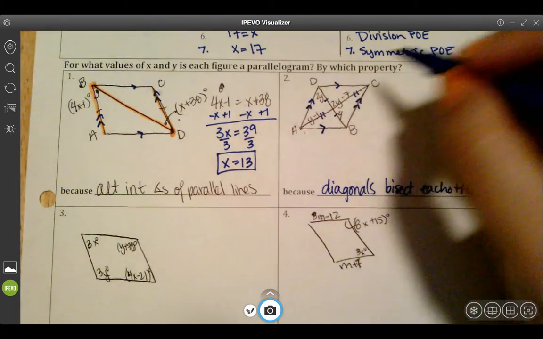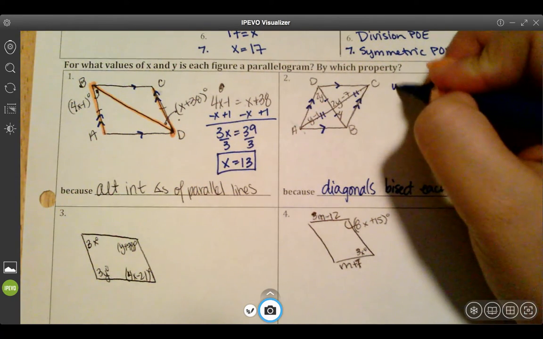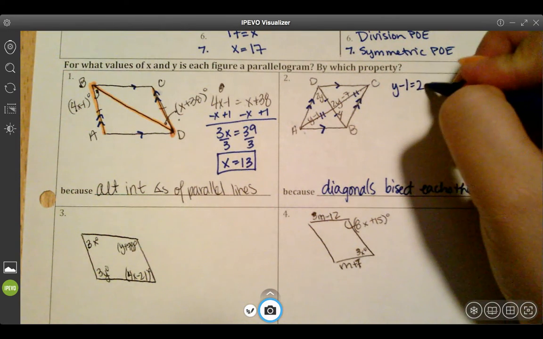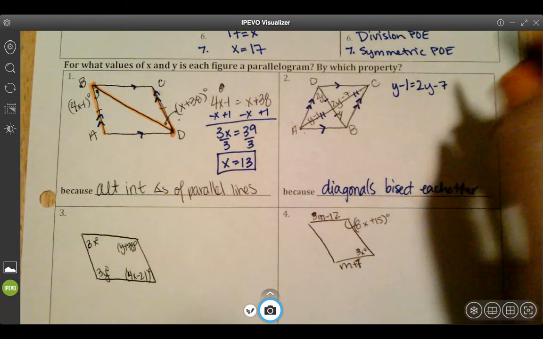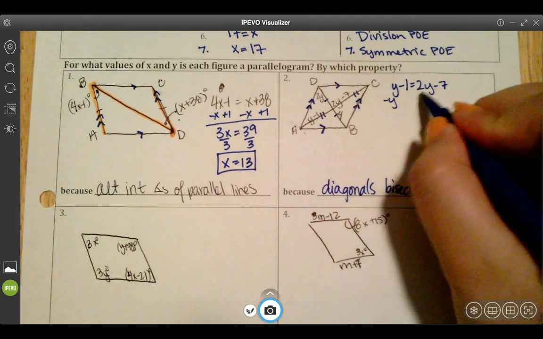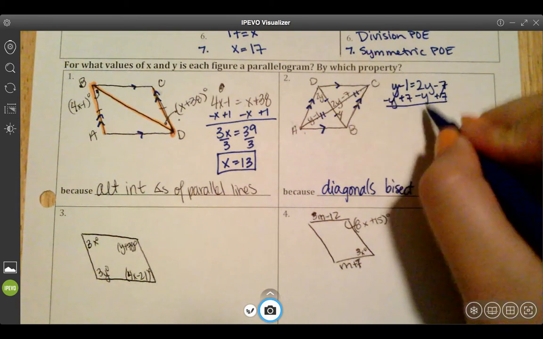And therefore, we can say that both halves of the diagonals must be equal to each other. So y minus 1 equals 2y minus 7. So then we say minus y plus 7. 6 equals y.